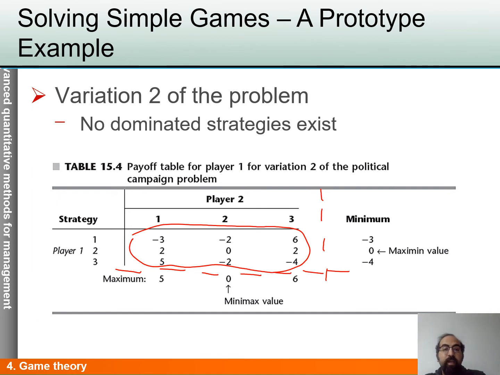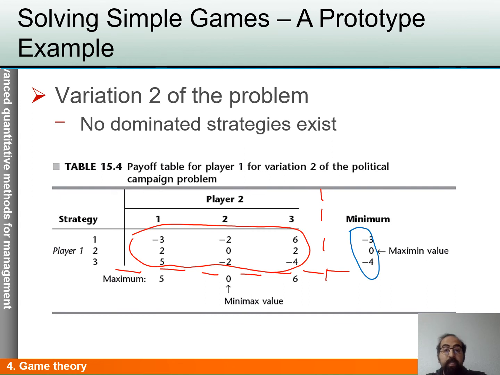For player 1, we need to calculate the minimum element of each of these strategies. Between -3, -2, and 6, -3 is the minimum element. Between 2, 0, and 2, 0 is the minimum element.